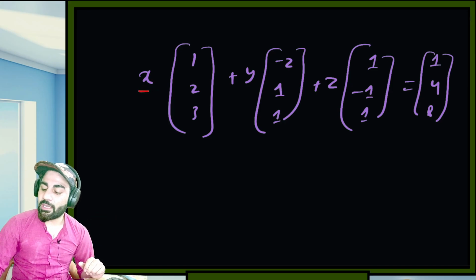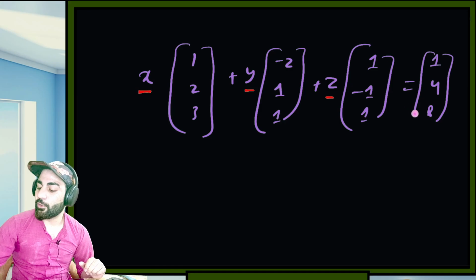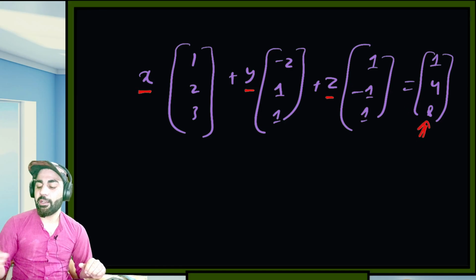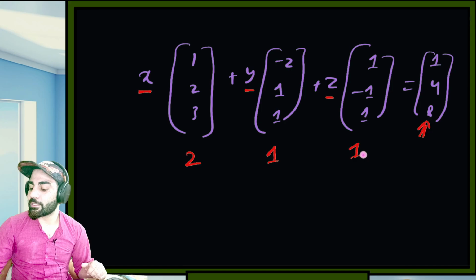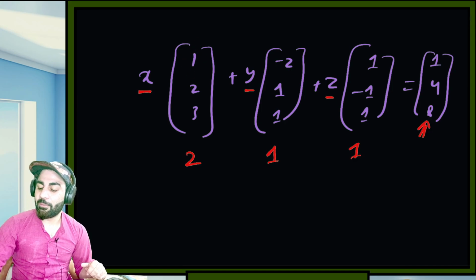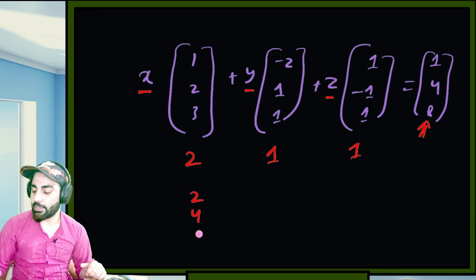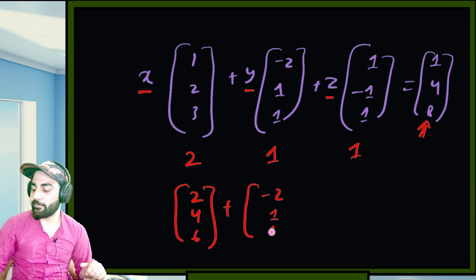So what linear combination should we take to land here? If I eyeball it, I'll say take 2 of this, 1 of this and 1 of this. 2 multiplied by 1, 2, 3 gives 2, 4, 6, plus minus 2, 1, 1, plus 1 of this, which is 1, minus 1 and 1.